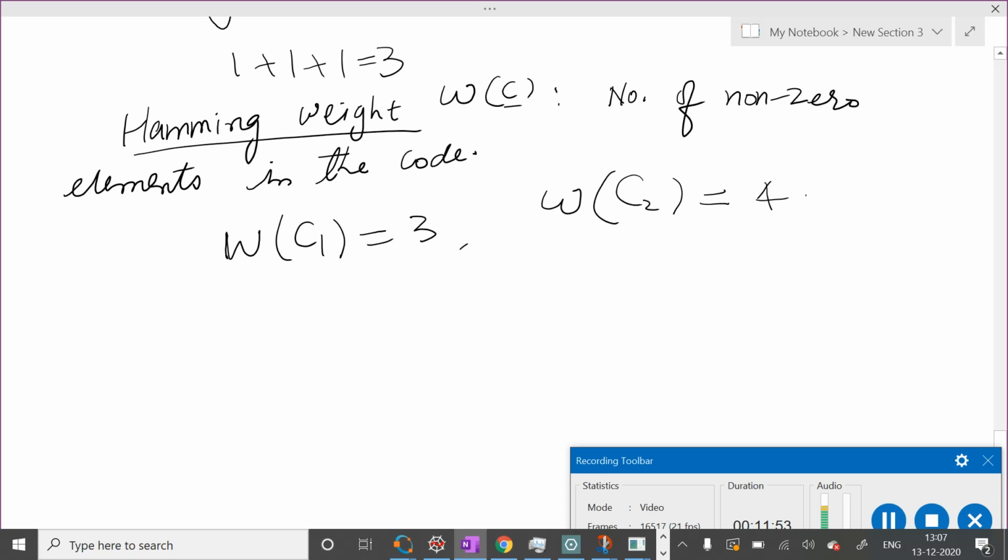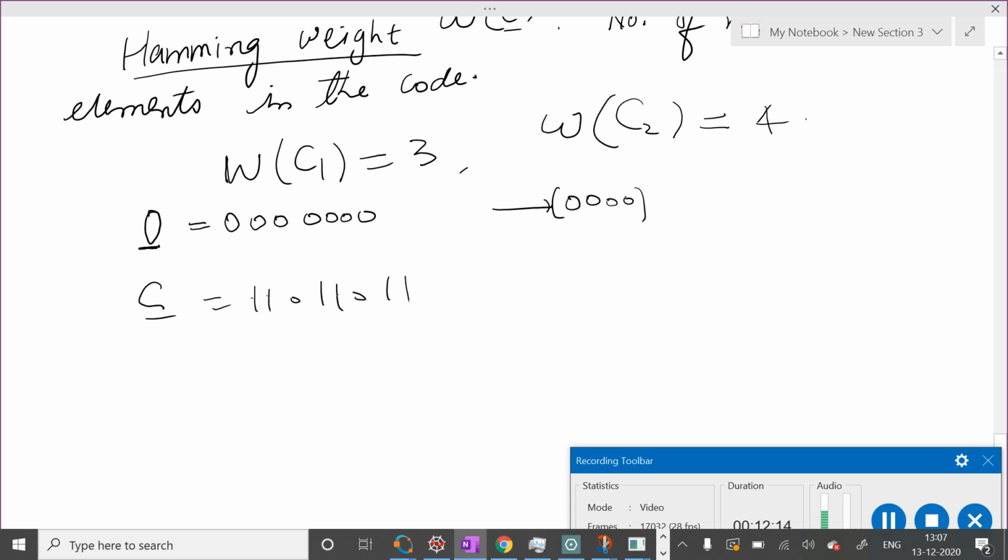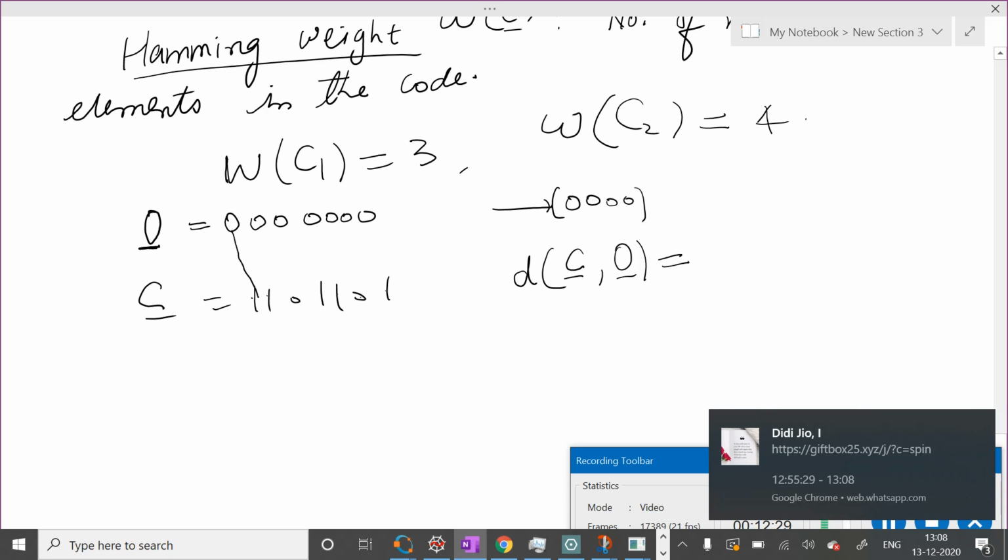And there is a very important thing. There is an all-zero vector, which I will note as 0, the all-zero code. This corresponds to message 0000. If you take any other code, suppose 1101101, 1 2 3 4 5 6 7, and take the Hamming distance of this code with the 0 code, what will you get? Definitely it differs here.